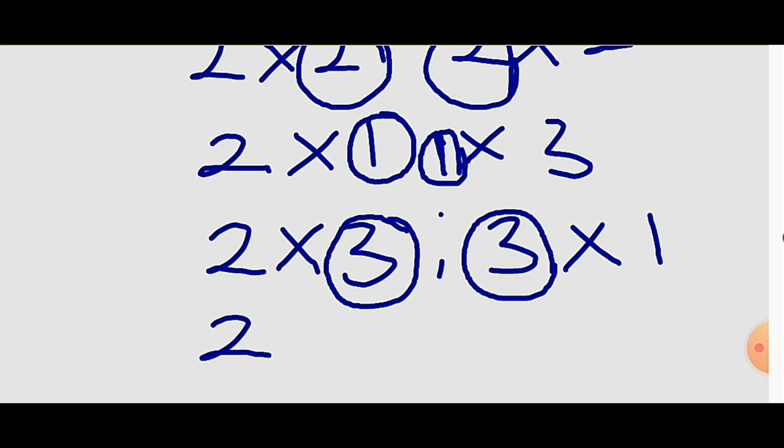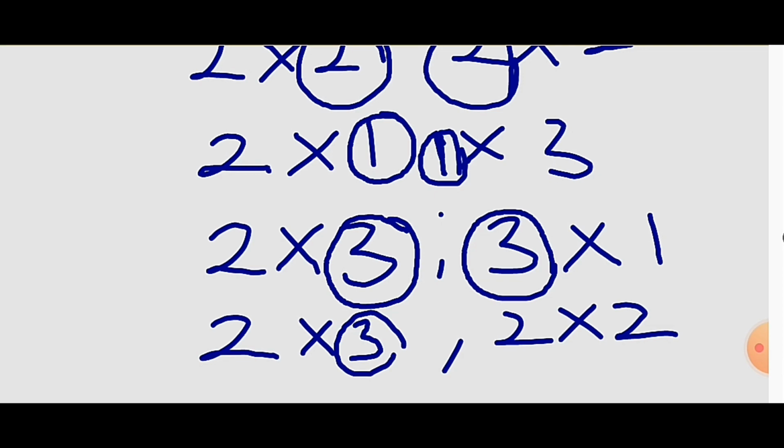Suppose that we have a 2 by 3 and a 2 by 2. The multiplication here is not possible because the number of columns here is 3, which is different from the number of rows in this second matrix. With that, let us go straight and look at some examples under the multiplication of matrices.